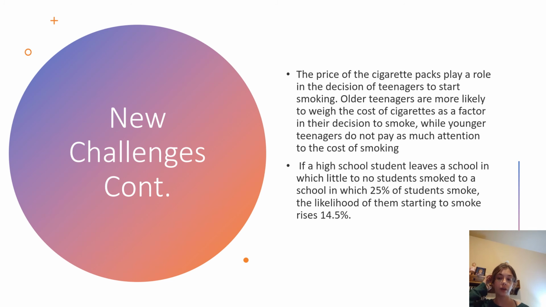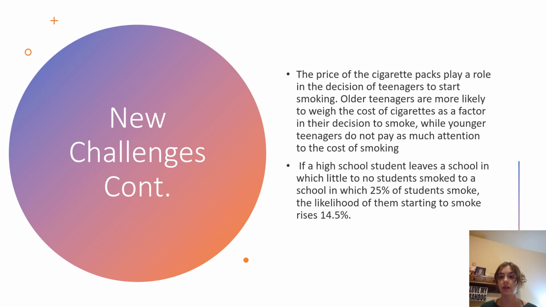So if we can use peer pressure to help people make the right decision, to help them make the informed decision, that will go a long way. But young kids are super easily influenced by their peers. They want to fit in, they don't want to stick out. So if all of their friends are doing it and there's no one to tell them why it's not a good idea to start smoking, they're much more likely to start doing that.